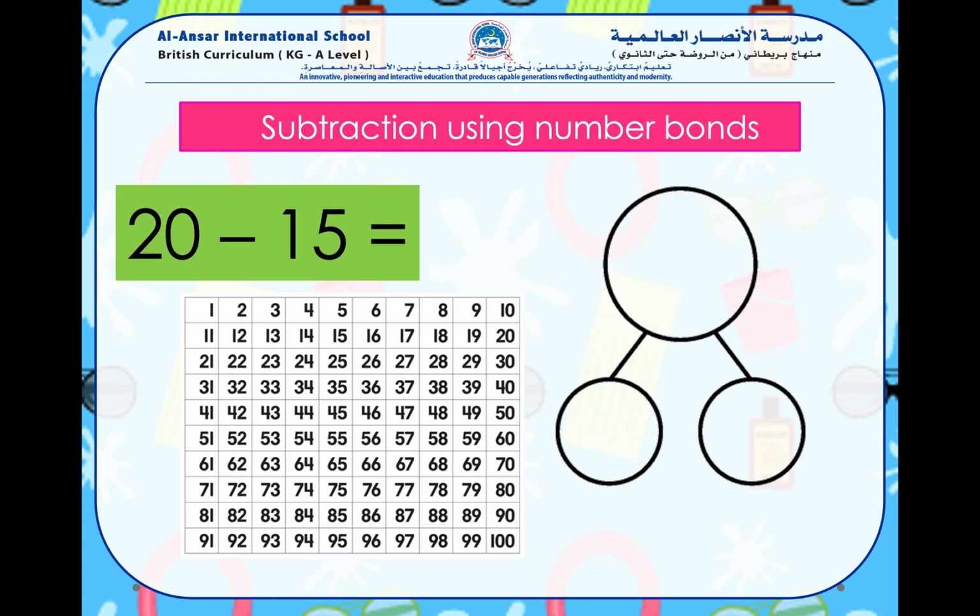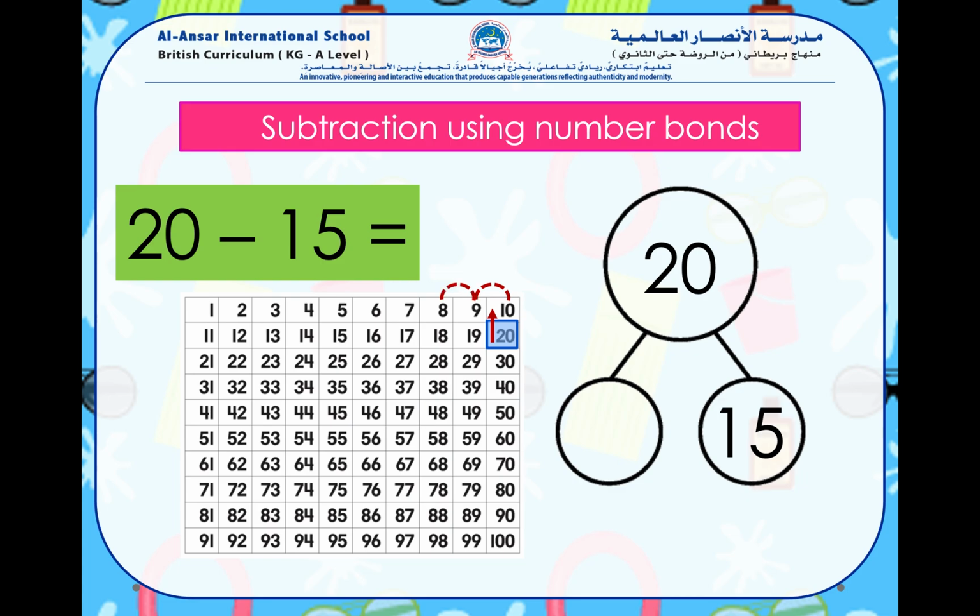Now we have the number 20 minus 15. So 20 can be the number in our whole, and we can put 15 as one part of our bond. We can start at 20 and count back 15 times. That's already 10.